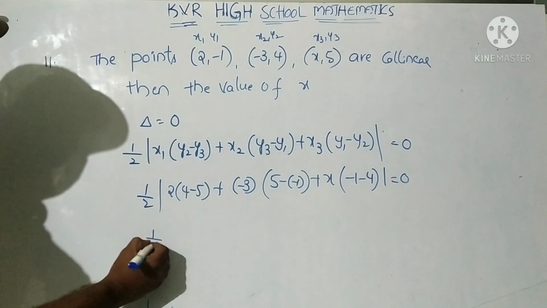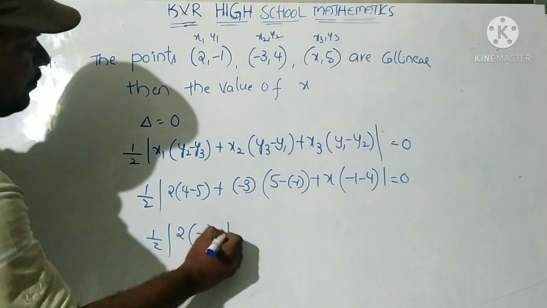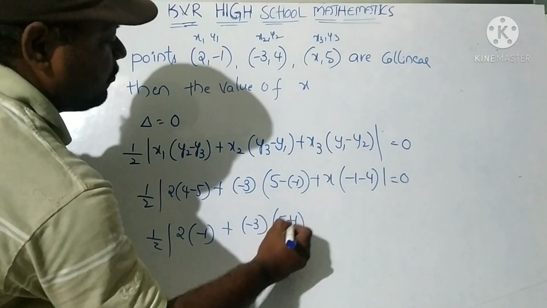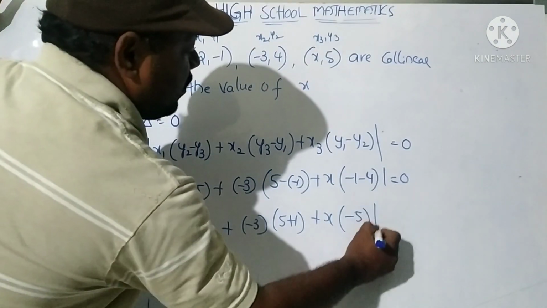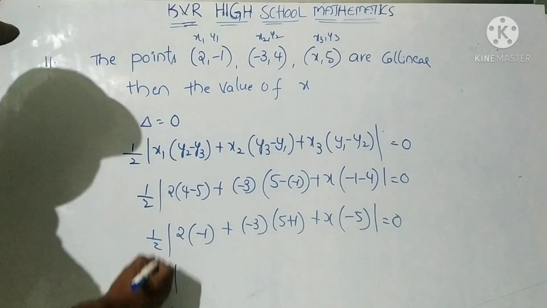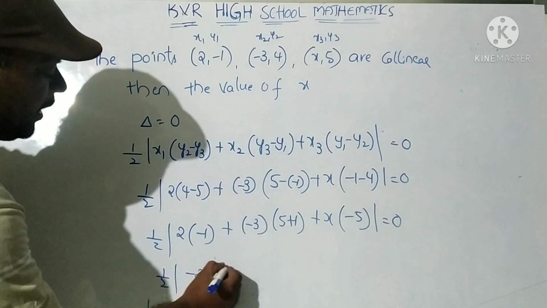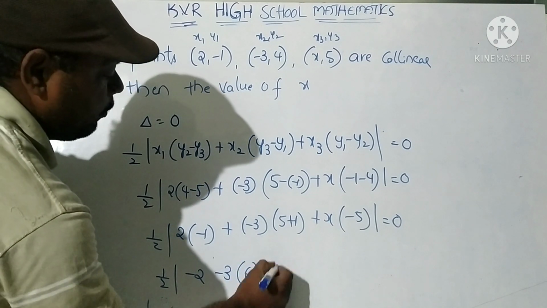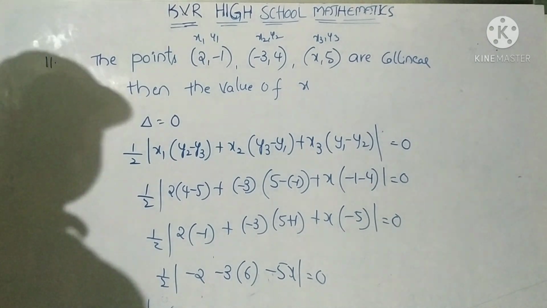So half modulus of 2 into (4 minus 5), minus 1. Next, minus 3 into (5 plus 1), plus x into (minus 1 minus 4), minus 5. So half modulus of 2 into minus 1, minus 2, plus minus 3 into 6, so x into minus 5, minus 5x, equals 0.